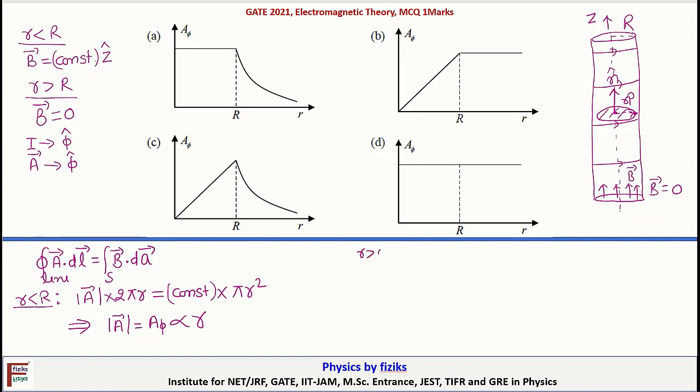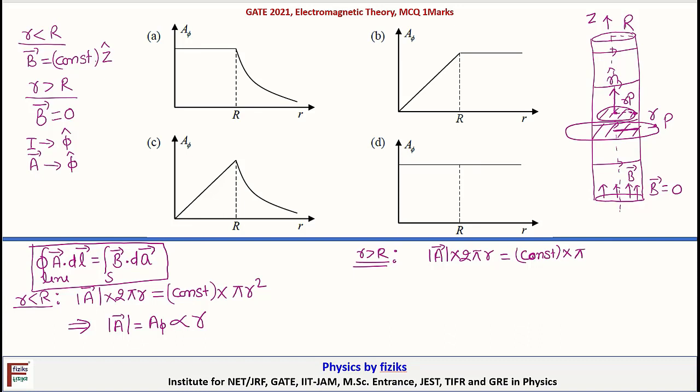Now for an outside point, we will use the same equation. At the same distance, if we draw this loop of radius r, now the field is varying in this region only. So for an outside point, we can write mod A into 2 pi r, and that will be given by: inside, the magnetic field is constant and the field is varying from 0 to capital R only.